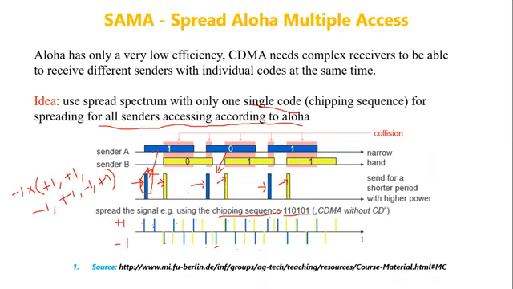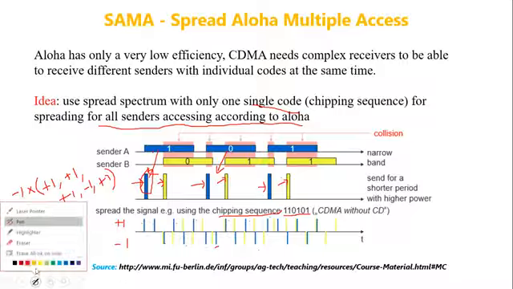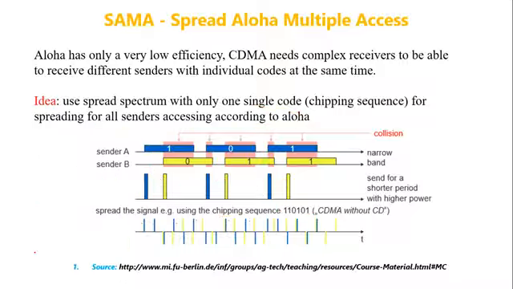So now the signal is also spread, and you don't need much power to send the signal. Each signal needs less power, and it is spread over time and transmitted. This is how the concept of SAMA, that is the spread ALOHA multiple access technique, works.